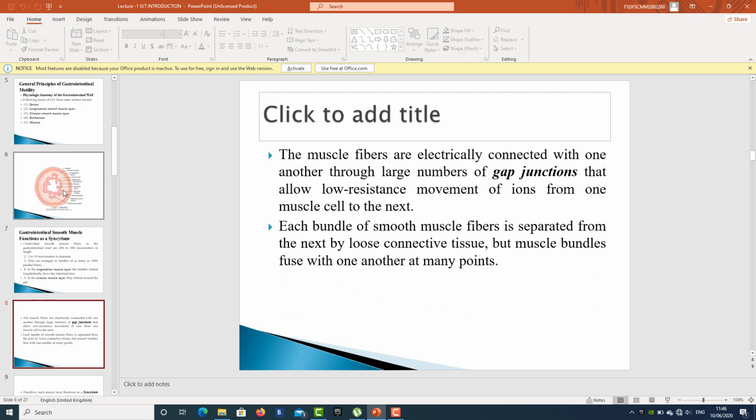The muscle fibers are electrically connected with one another via a large number of gap junctions, which allow low resistance movements of ions from one muscle cell to the next. Each bundle of smooth muscle fibers is separated from the next by loose connective tissue, but muscle bundles fuse with one another at many points.